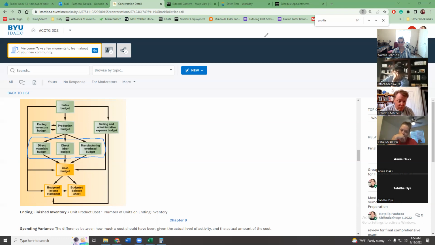Especially direct materials budget. So with direct materials budget, remember that you get the sales units from the sales budget, and then you multiply the kilograms or whatever unit they're using for the direct materials, and then you add the ending or desired ending inventory that they want, and then you subtract the beginning inventory.